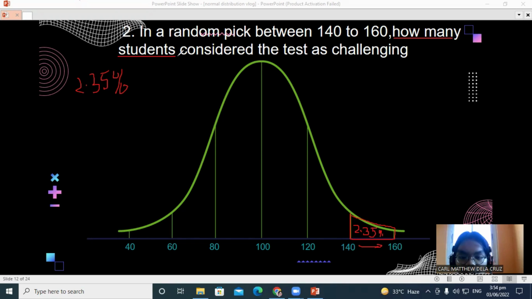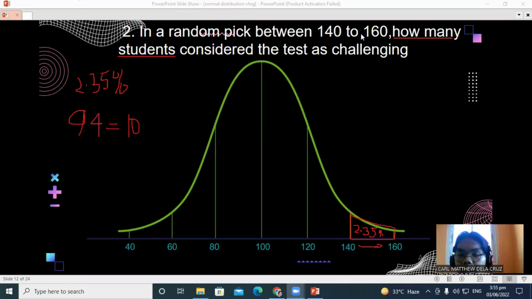So 2.35% of 400 gives us 9.4 students. But we are looking for whole numbers, so 9.4 students can be written as 10 students, because there are no decimal points when counting students.